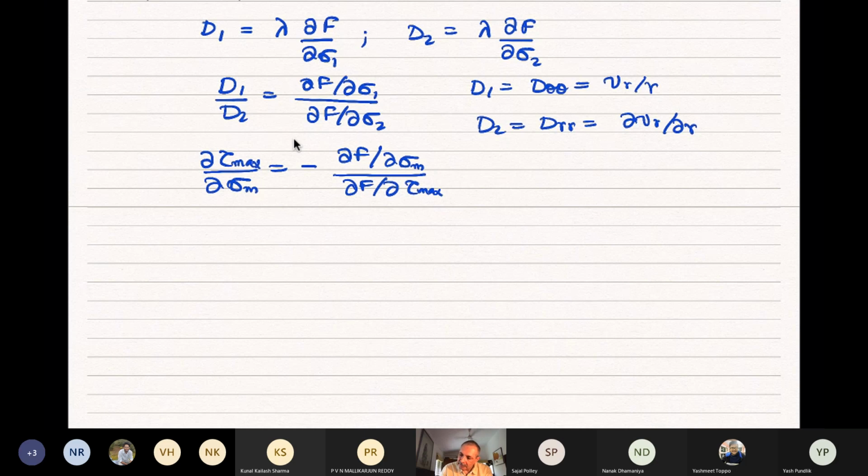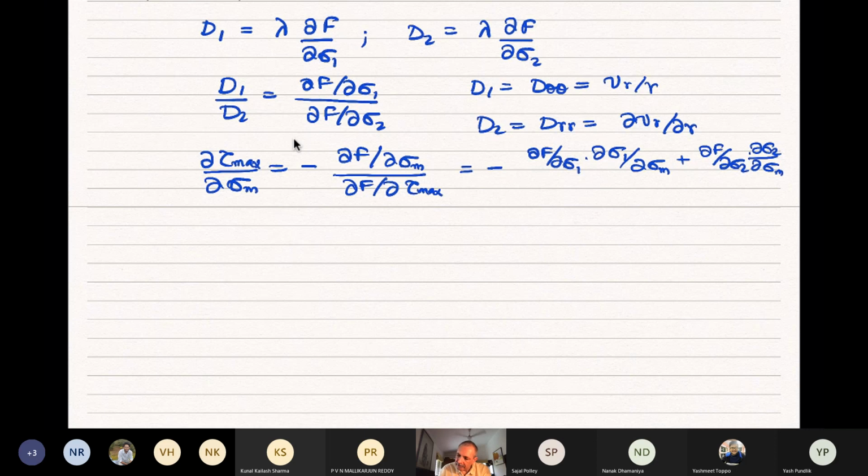So this is just equal to minus of del f by del sigma 1 into del sigma 1 by del sigma m plus del f by del sigma 2 into del sigma 2 by del sigma m.